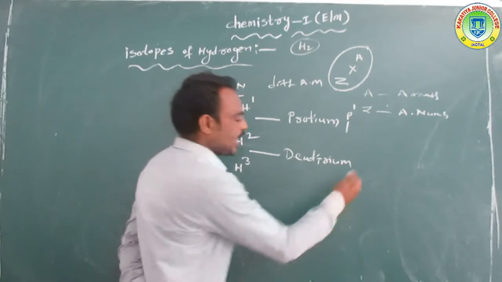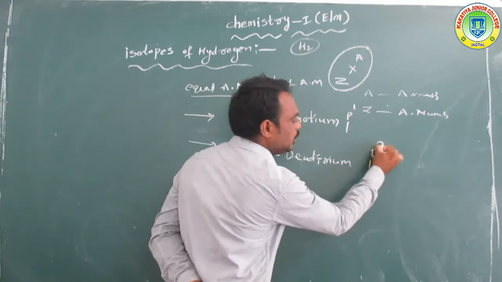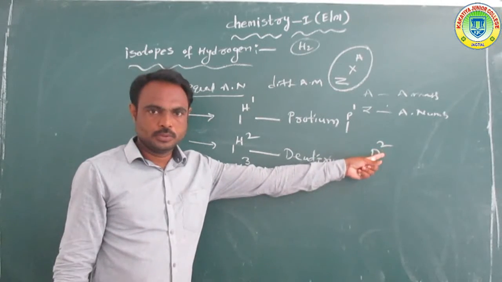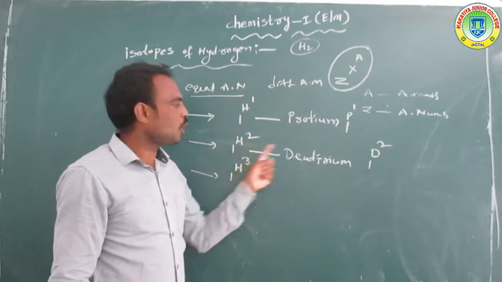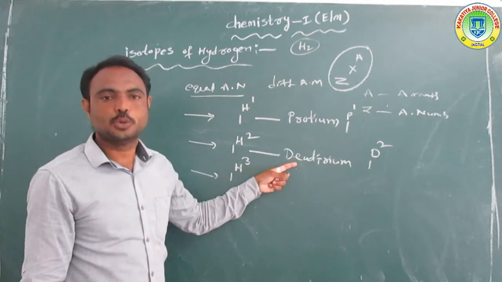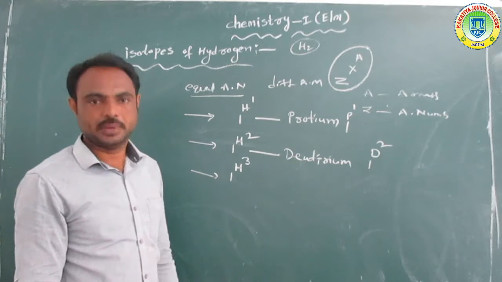It is also indicated with 1D2. So 1H2 or 1D2 is another isotope of the hydrogen element.